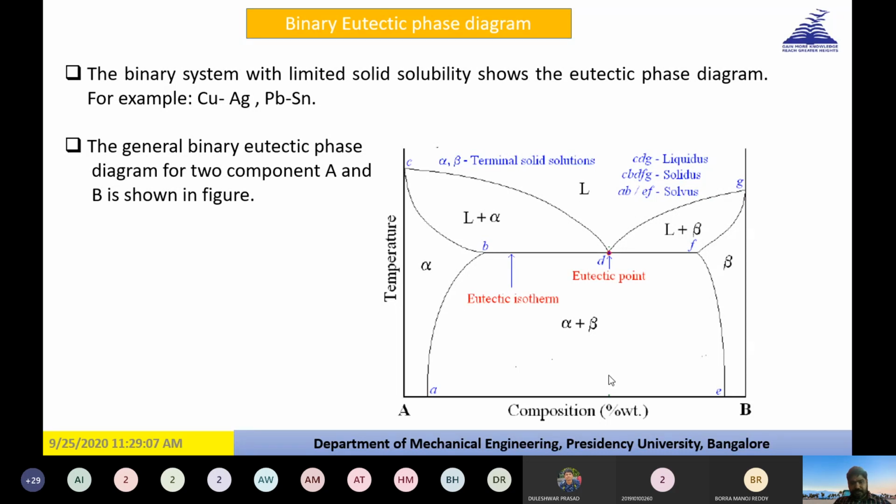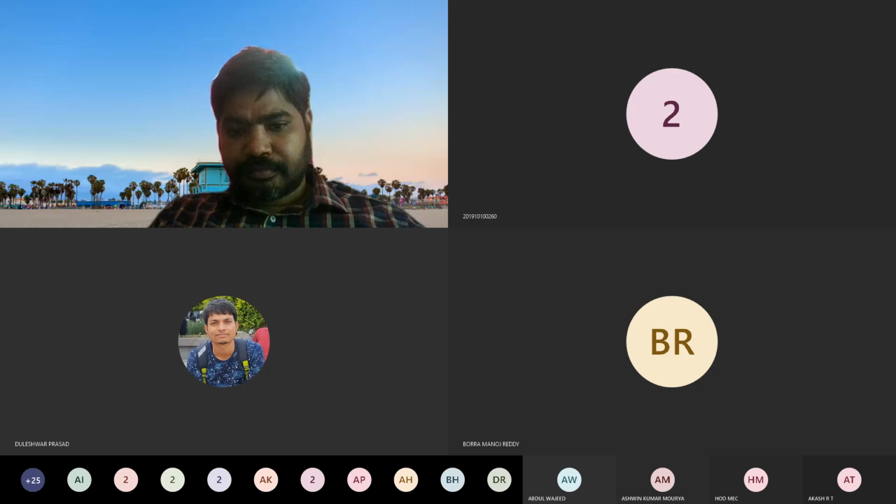So just let me take the help of this whiteboard so that I can explain it in a much better way. Okay, so just give me a second. Let me make use of this.